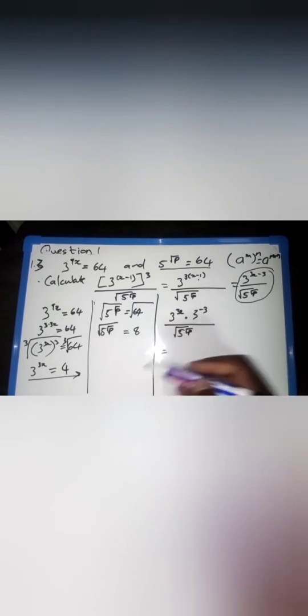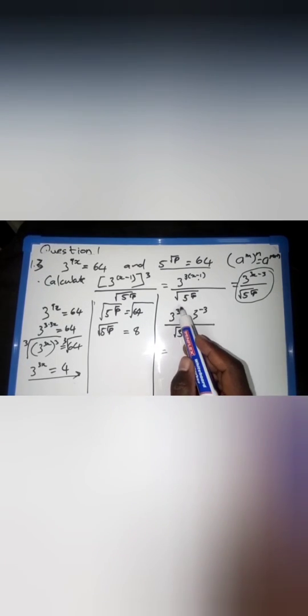I know this is a bit messy, but just follow. We know that 3^(3x) is 4, times 3 to the power of minus 3, divided by square root 5 square root p, which is 8.